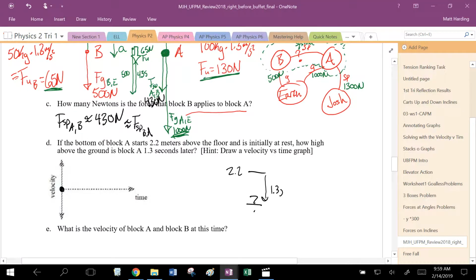It's falling, so technically we should probably go like that. But that's 1.3 seconds. And by the way, we know the slope of this thing: 1.3 meters per second squared.